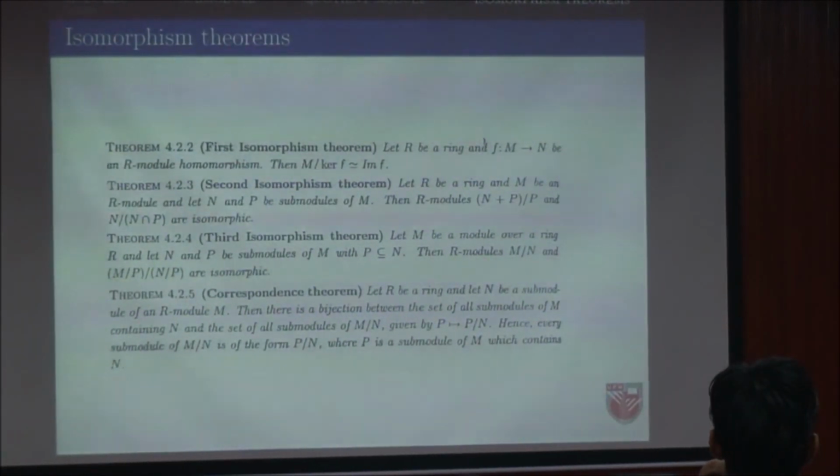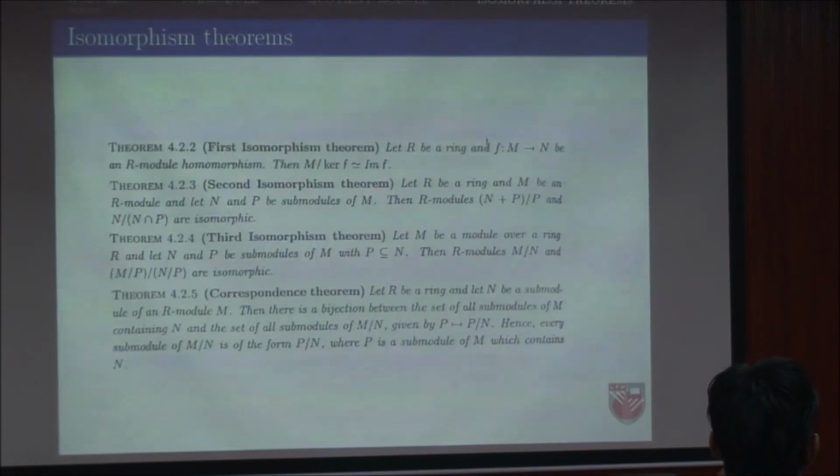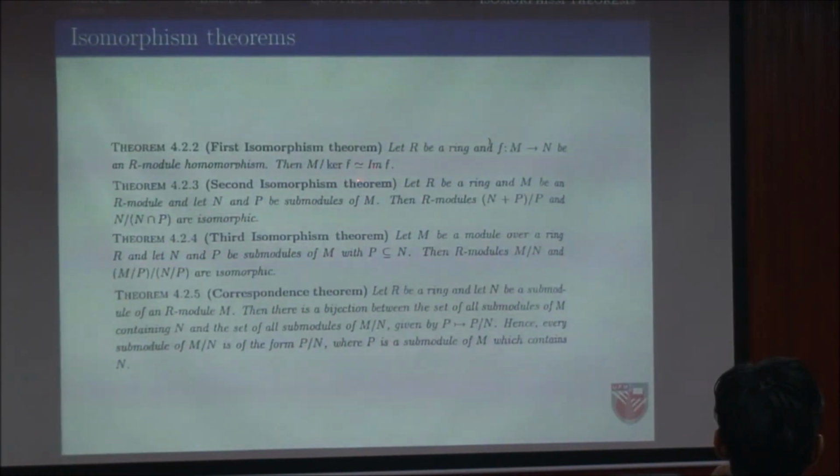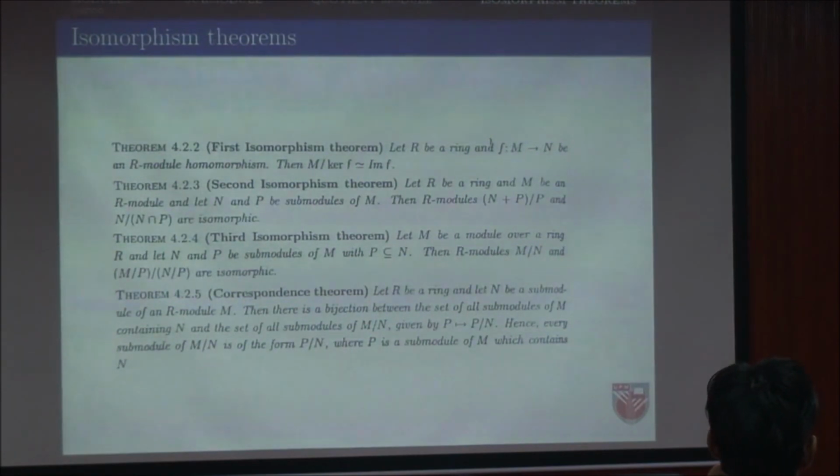So you have two R-modules: one is this quotient module, another is the image. The image also is a submodule, by the way. You can easily verify the image of a module homomorphism is a submodule of the second module, N.